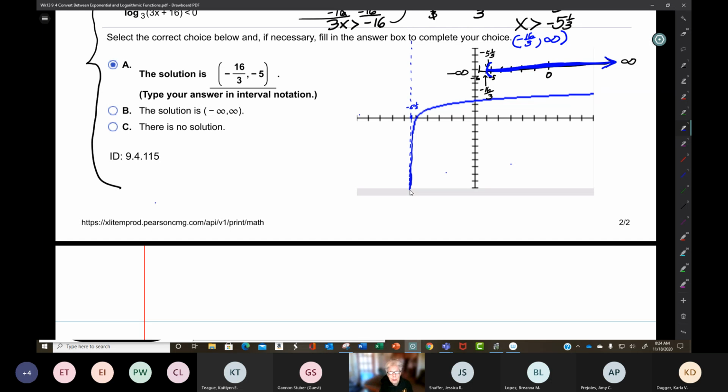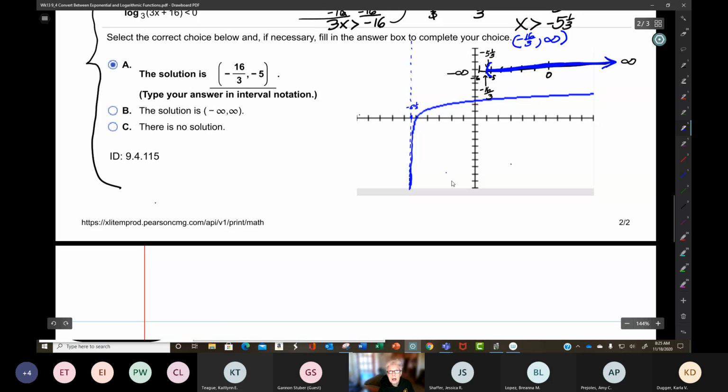It's supposed to show me the asymptote, and it doesn't. I've never had a TI that will show me the asymptotes, except the TI-83. Now that's a good reason to go back to the TI-83. But anyway, I'm not going into that. That is what -5 1/3 is.